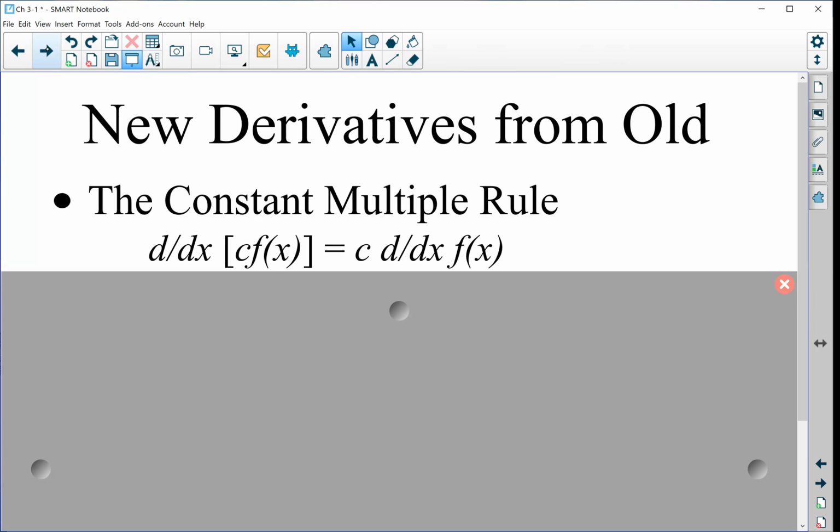For instance, if we had 4x to the 7th, basically what you're going to do is ignore the 4 and take the derivative of x to the 7th power, and then at the end multiply that 4 back in. 28x to the 6th. Only works with constants. If we have a function times a function, that rule will come later. I know you can hardly wait.